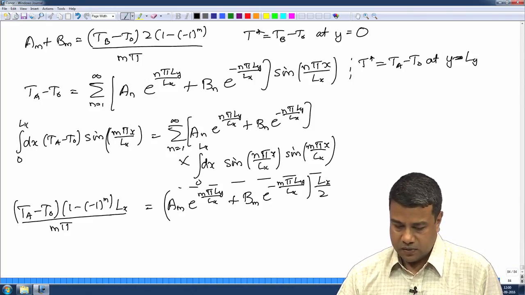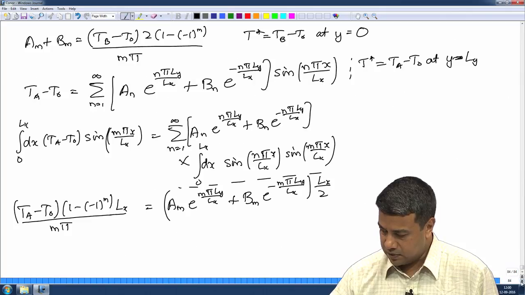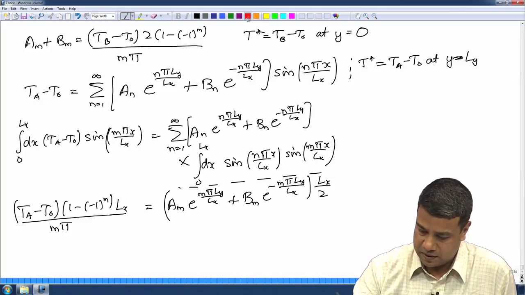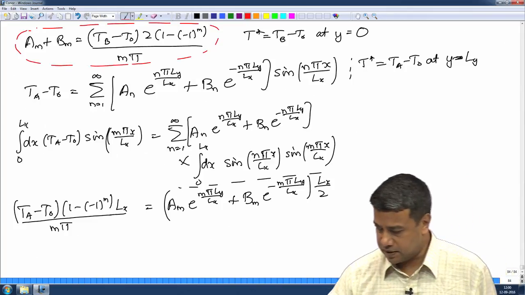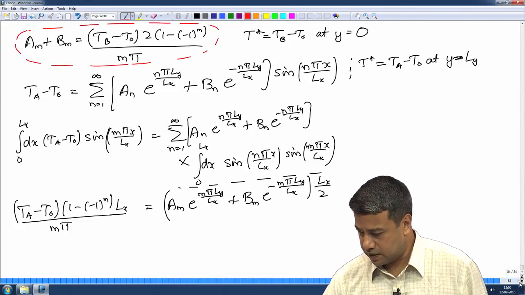And with that I will get two simultaneous equations. The first one is this one. So, if I write it once again.